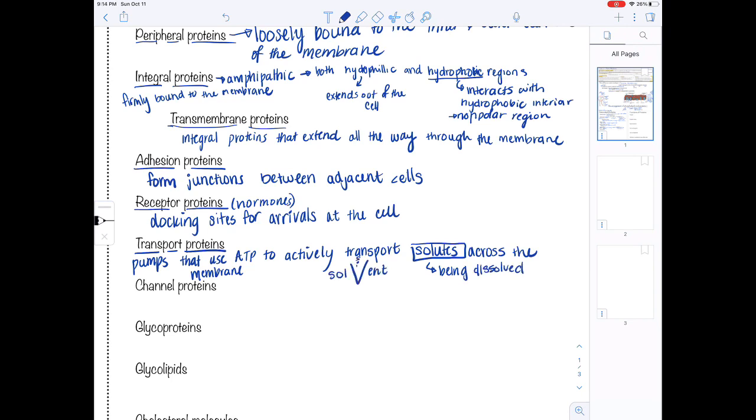So solutes go into the solvent. Channel proteins are going to form channels that will selectively allow the passage of certain ions or molecules. So these are the channels within the membrane.